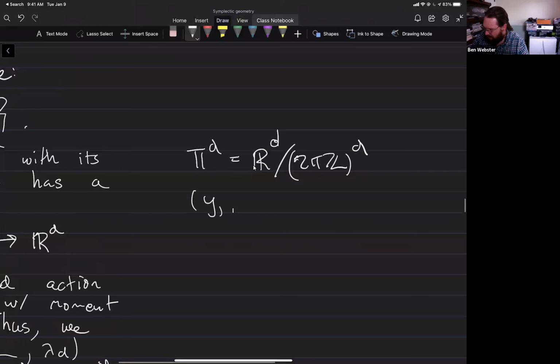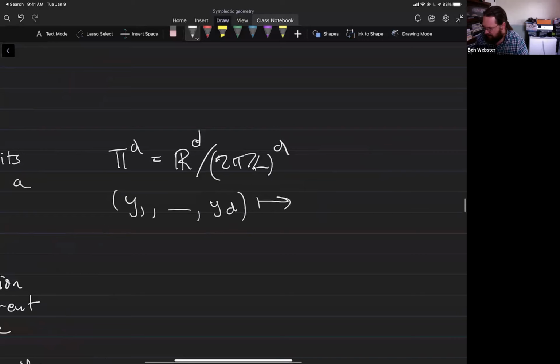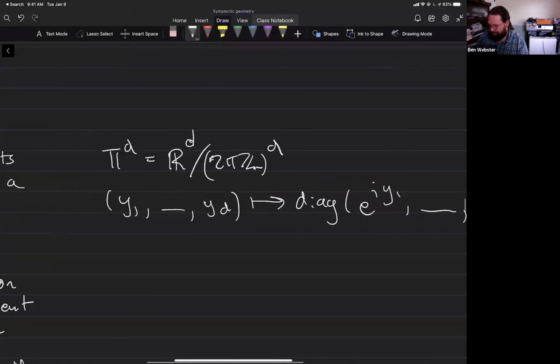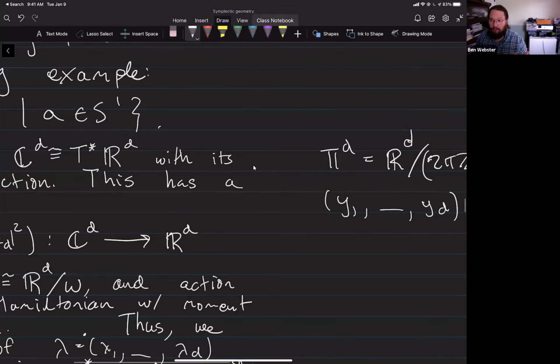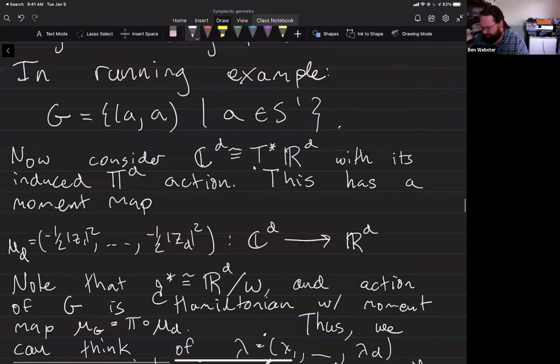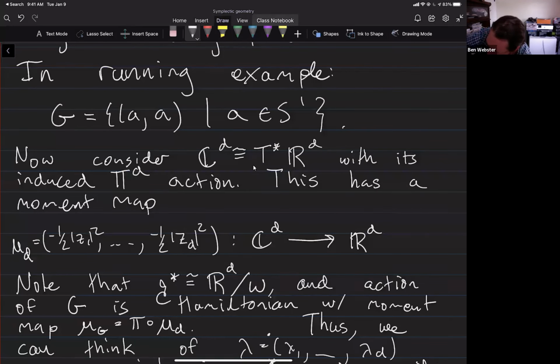And so I have an action, which is just y1 up to yd maps to the diagonal matrix whose entries are e to the i y1 up through e to the i yd. And that naturally acts on C to the d. And of course, that's going to be a Hamiltonian action since it's symplectic and linear. In fact, it has a moment map, exactly this one we saw before.